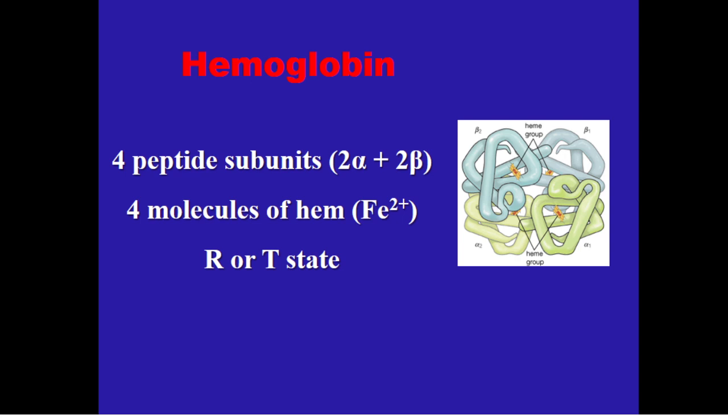Look please, it's a heterotetramer. The 4 peptide subunits are represented by 2 alpha and 2 beta subunits. The beta subunits are the same in primary and secondary structure, and the alpha subunits are equal to one another, but beta and alpha subunits are different from one another in primary structure, and of course in secondary and tertiary structure.